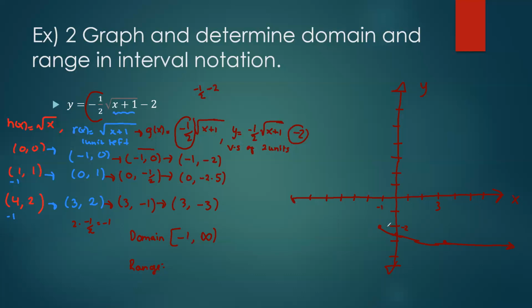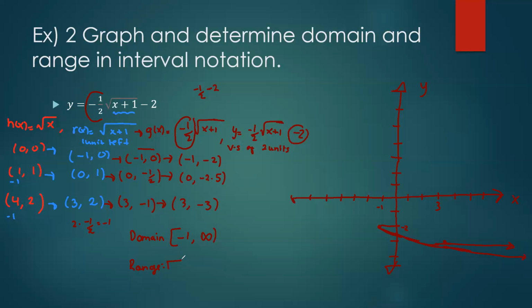So this graph, because it keeps on going down like this, our smallest y value is -infinity. So what's our largest or our most positive y value? It looks like it's at -2, right? So that's our largest.